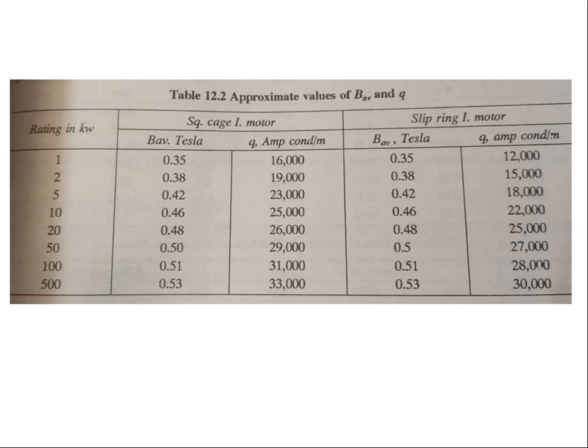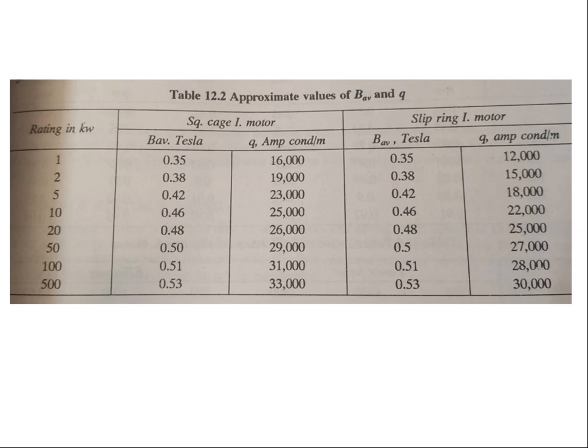For a 1 kilowatt squirrel cage induction motor, the specific magnetic loading will be 0.35 and the specific electric loading around 16,000 ampere conductor per meter.